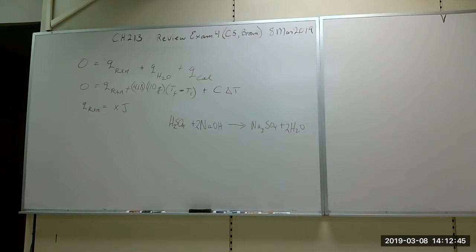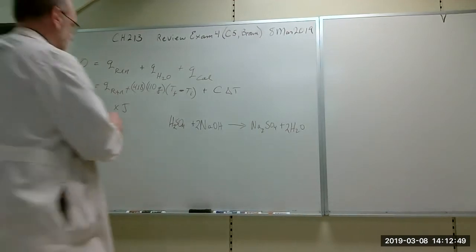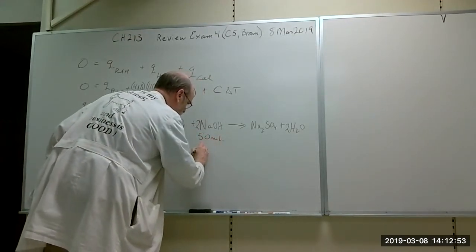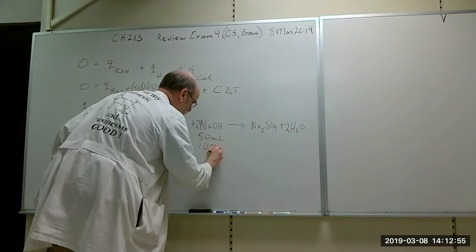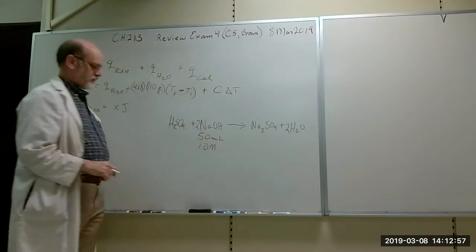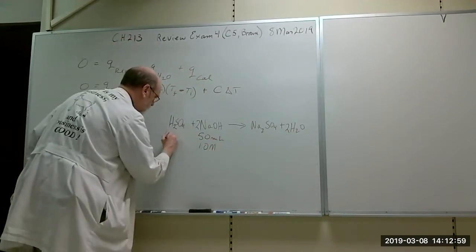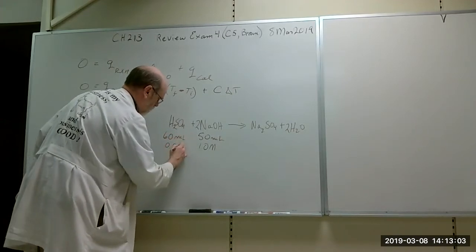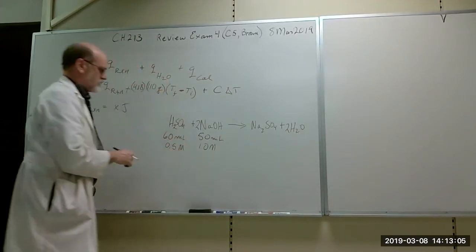So sodium hydroxide is the limiting reagent. 50 mils. 50 milliliters of 1 molar sodium hydroxide. So why do we say 60 mils of half molar sulfuric acid?